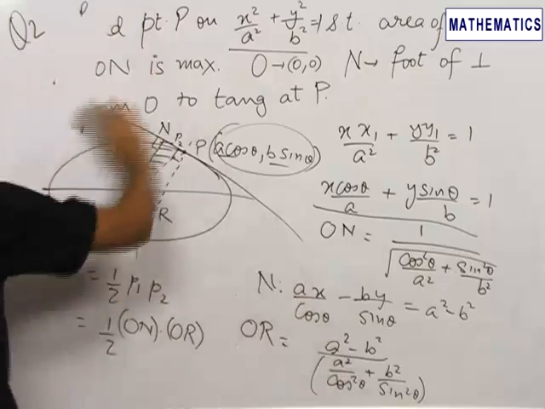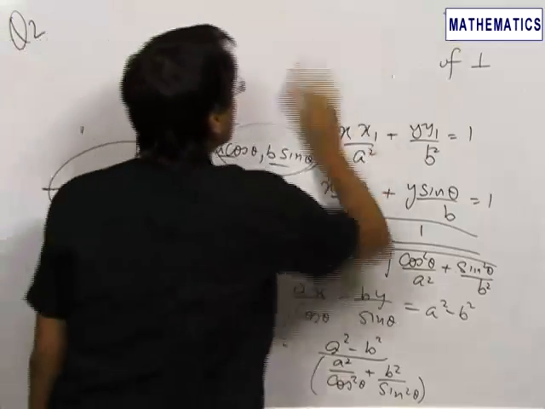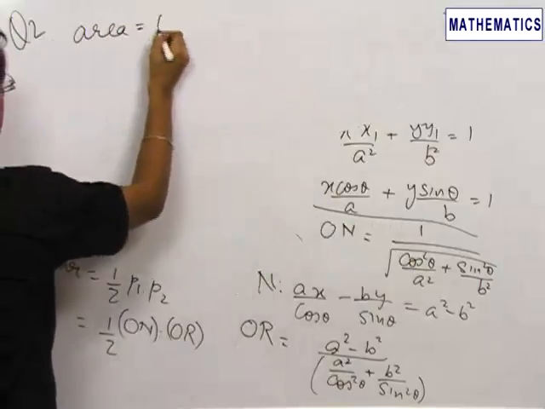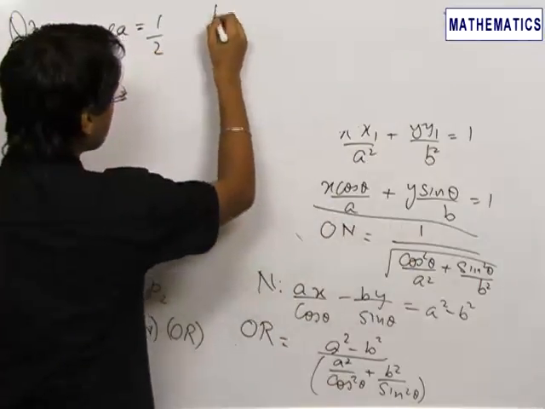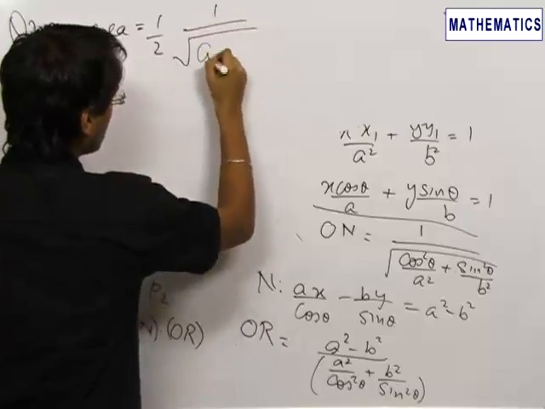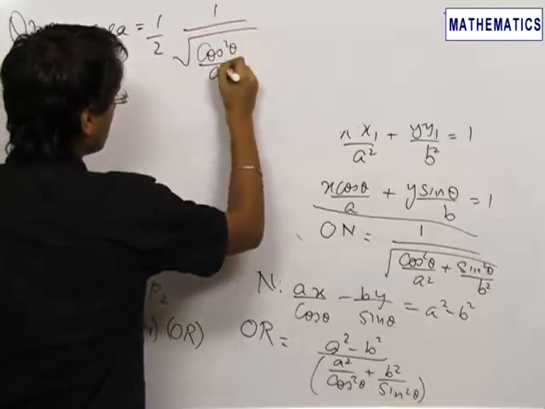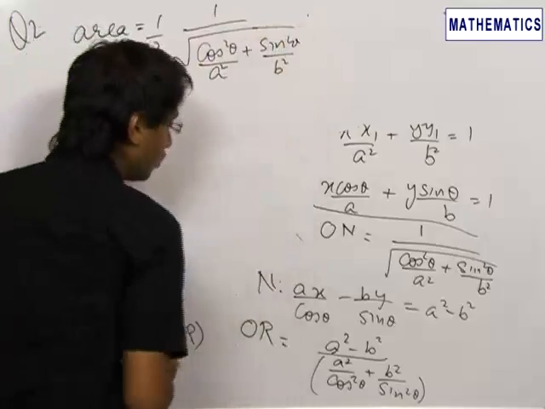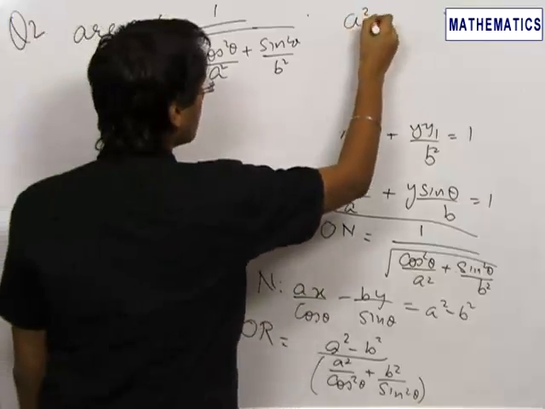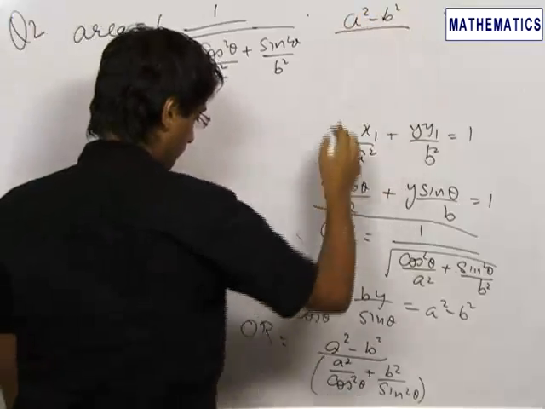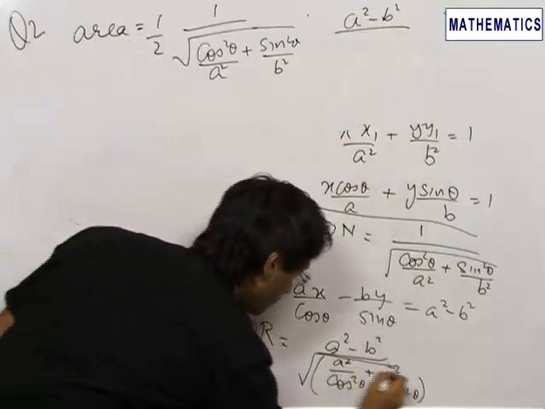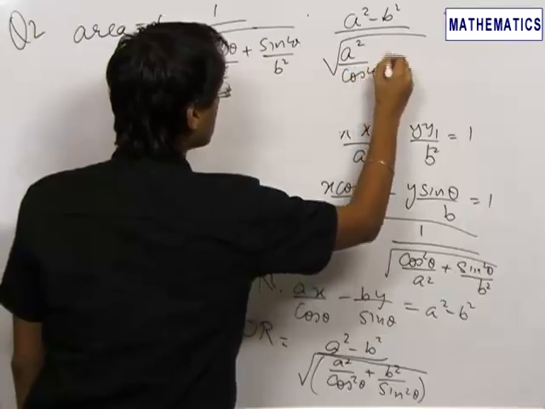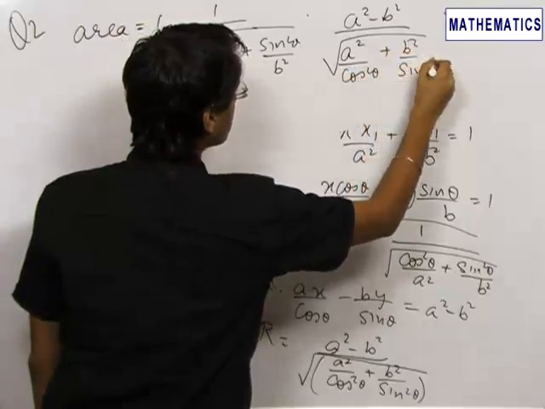Now what we need is the product of ON and OR. Area will be equal to half ON into OR, that is equal to a square minus b square upon, mind you, under root a square by cos square theta plus b square by sin square theta.